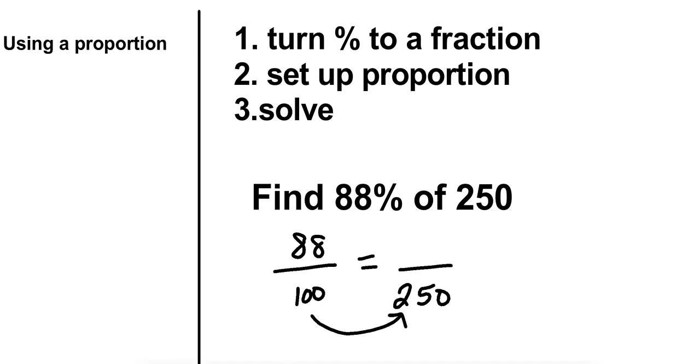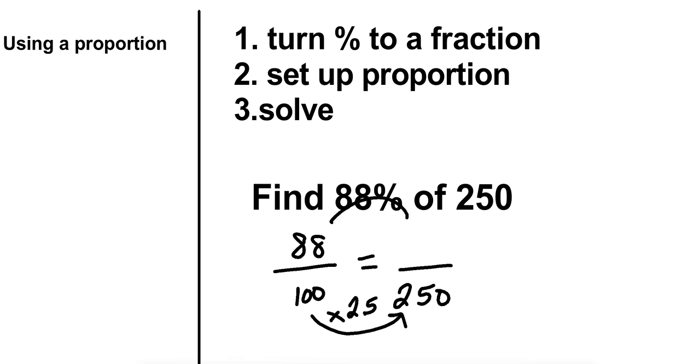So how did we go from 100 to 250? We multiply. So times by what? If you're not sure, you take 250 divided by 100 in your calculator. I'll let you try that. Which should give you 2.5, just like moving the decimal.